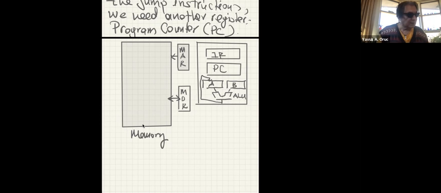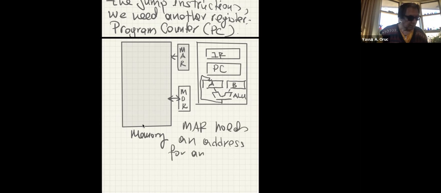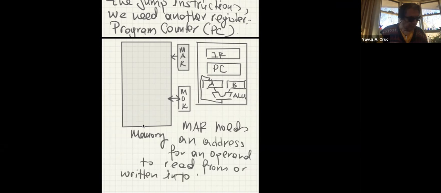So let me just write that down. MAR holds an address for an operand to be read from or written into MDR.